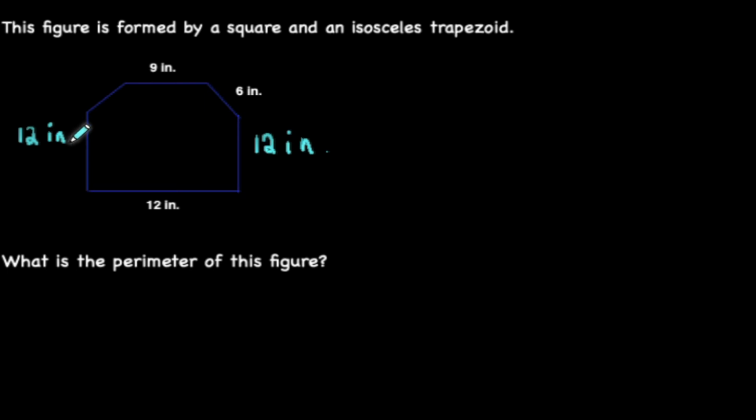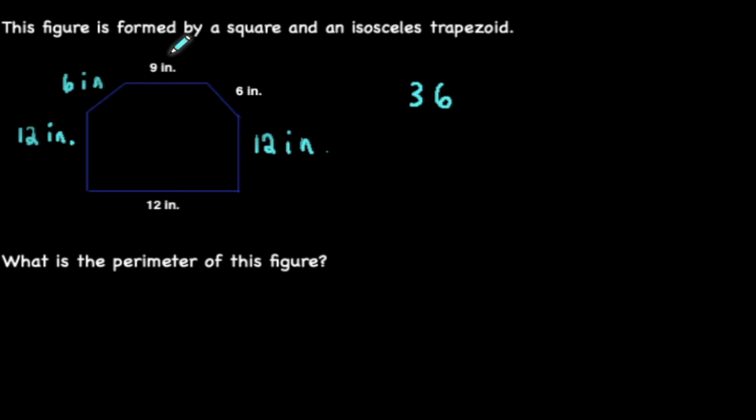So I'm just going to calculate the distance around. We have 12 times 3 sides that are 12 inches, which is 36. Plus we have 6 inches here, and that means this side is also 6 inches. So that's 36 plus 6 plus an additional 6, that's 48.